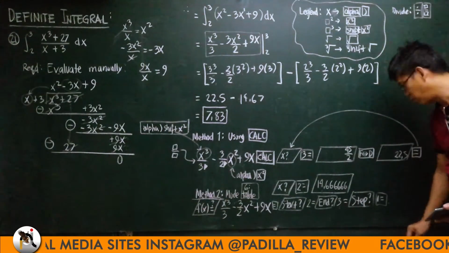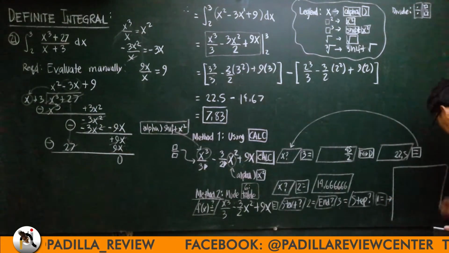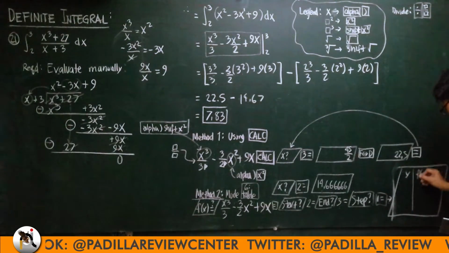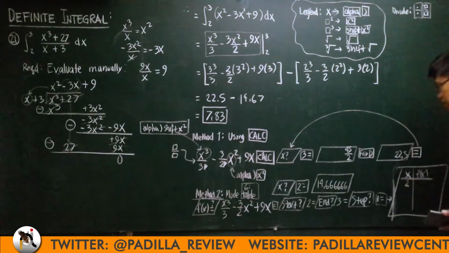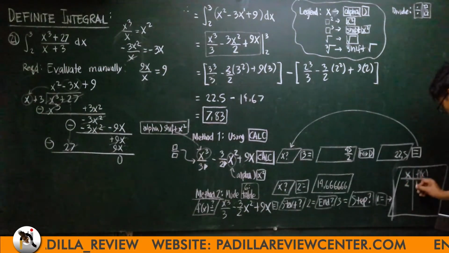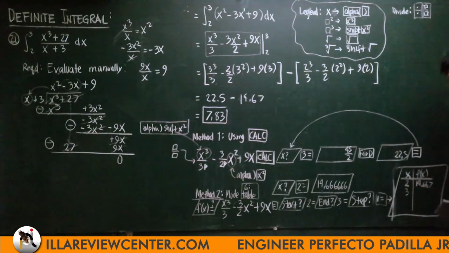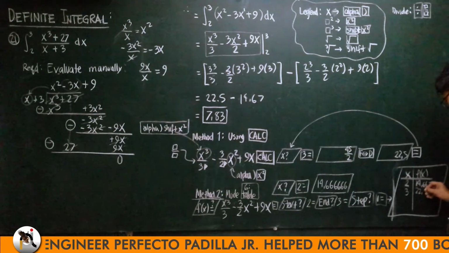Your calculator will display this one. This is the display of your calculator. This is the x. This is the f of x. For x equals 2, you'll get here 14.667. For x equals 3, you'll get here 22.5.